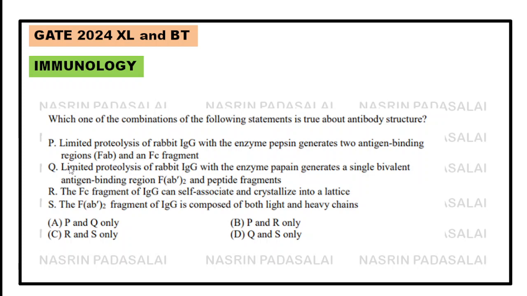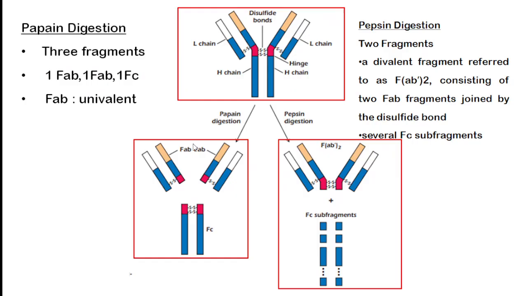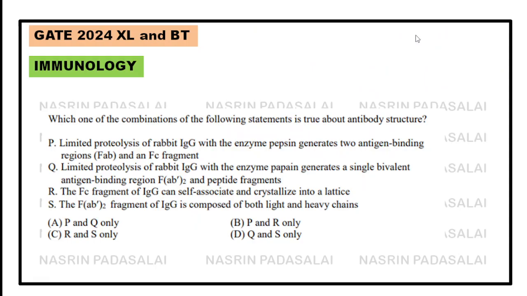But no, pepsin will generate a single bivalent antigen binding site and peptide fragments. So papain generates a univalent fragment and pepsin generates a bivalent fragment.